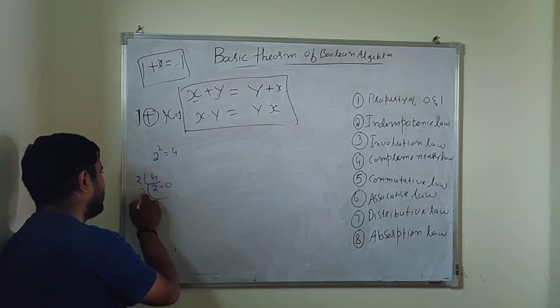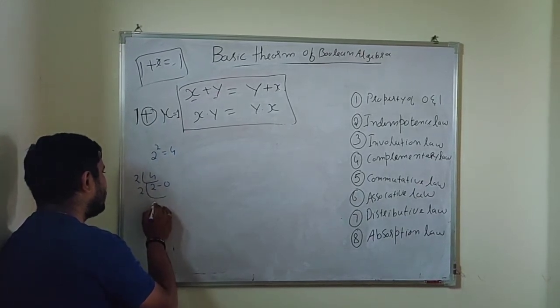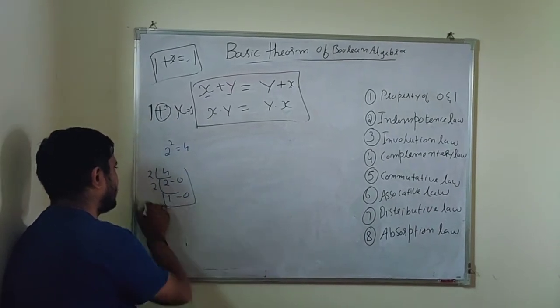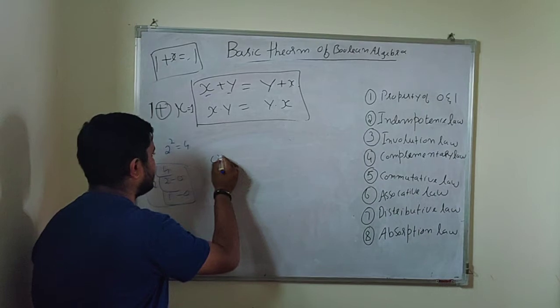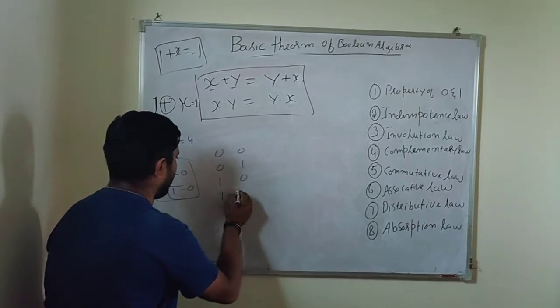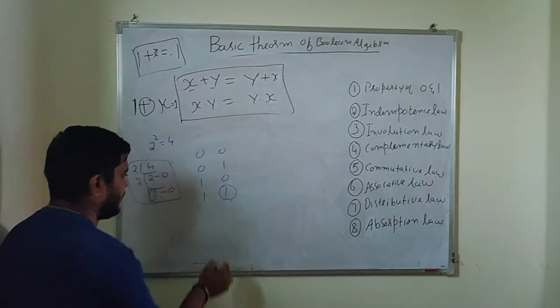Again, 2 ones are 2, so 1 0 0. You should continue this, so you get 0 0, 0 1, 1 0, 1 1, with the last digit over here.